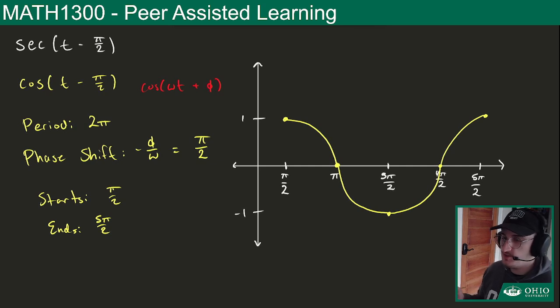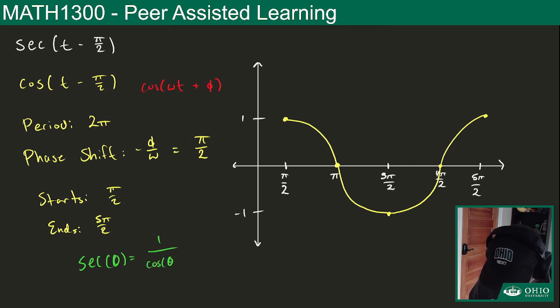But now, what we're going to do for secant is fill in the information on that graph based on cosine. So remember, again, secant of any theta is 1 over cosine theta. So any point where my graph is 0, I'm now going to have an asymptote, right?